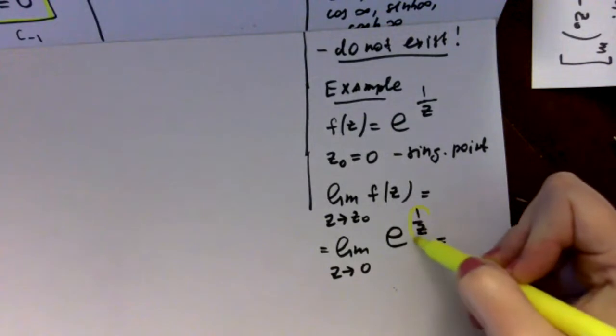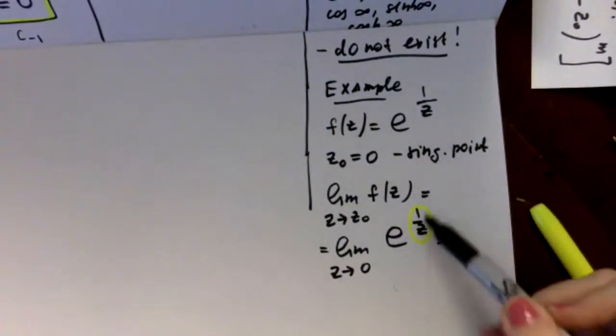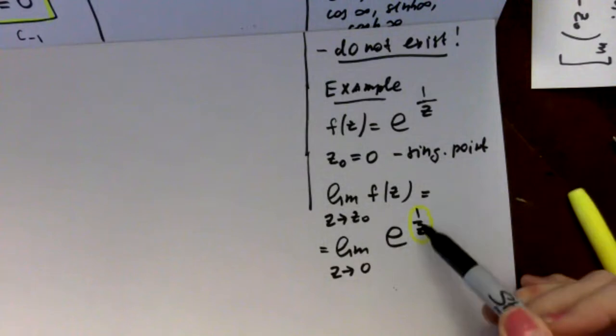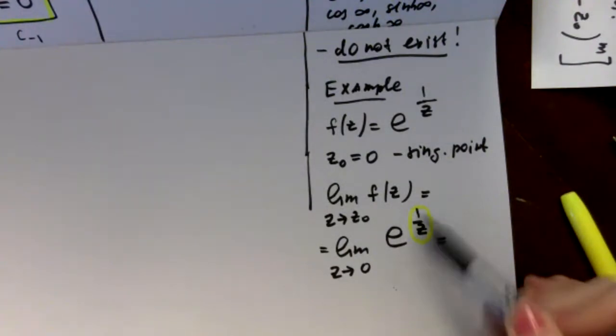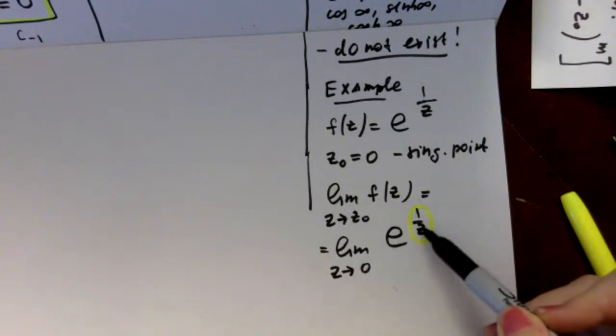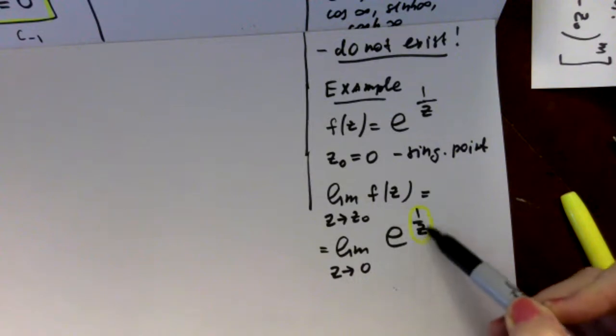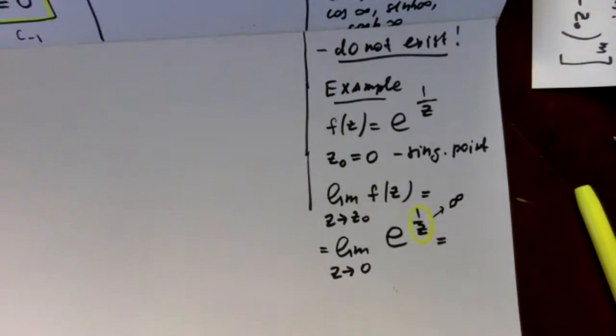The first step is to look only at this fraction, not at e to the power of something. You need to decide what the limit of this fraction is as z tends to 0. It means that the denominator of this fraction becomes smaller and smaller, tends to 0. As a result, the whole fraction tends to infinity, of course.